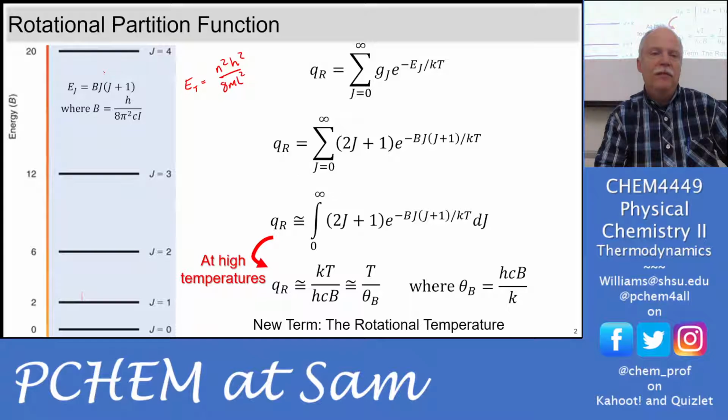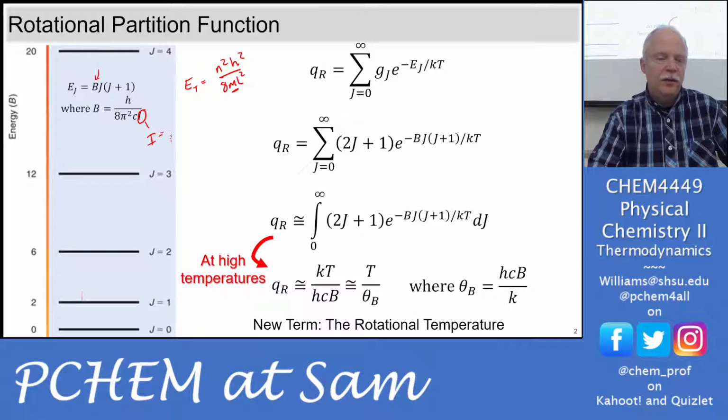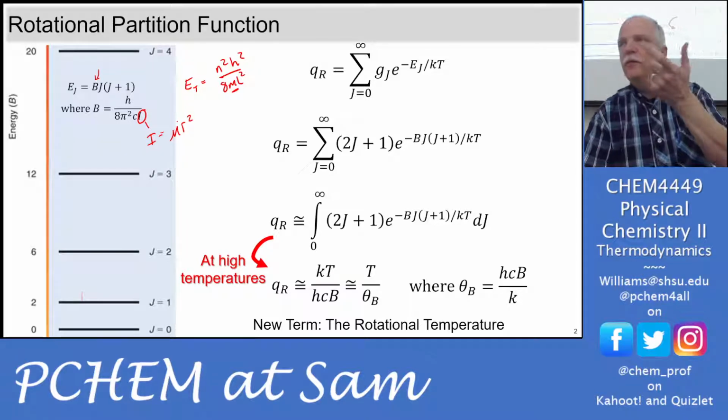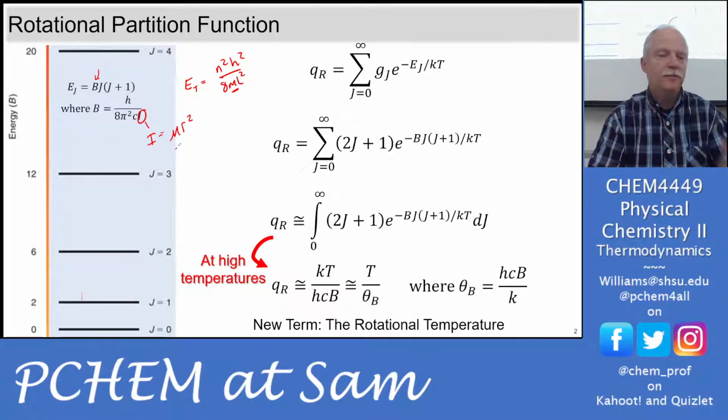Typically, we have mass in the denominator of our energy equations, and I don't see mass in here at all. That's because it's inside that B, the rotational constant. If we expand B, we see the moment of inertia, I, which is equal to the reduced mass times the distance squared between the 2 atoms. That's for a diatomic.